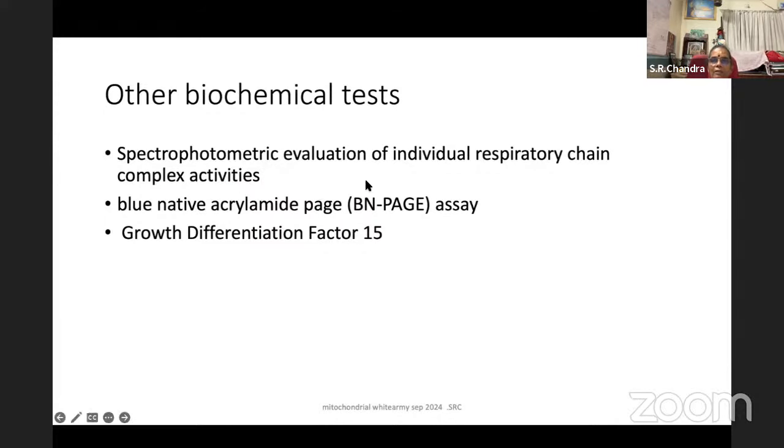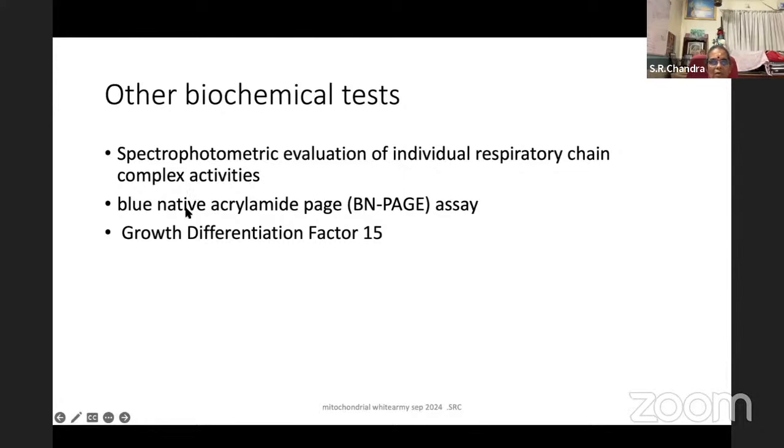And then you have the spectrophotometric evaluation of individual respiratory chain complex activities, seen only in very few centers, and fresh tissue should be examined. You cannot do a biopsy and transport the tissue in formalin. You cannot do that. So fresh tissue has to be tested. So it should be done where it is available. It is available in the National Institute.